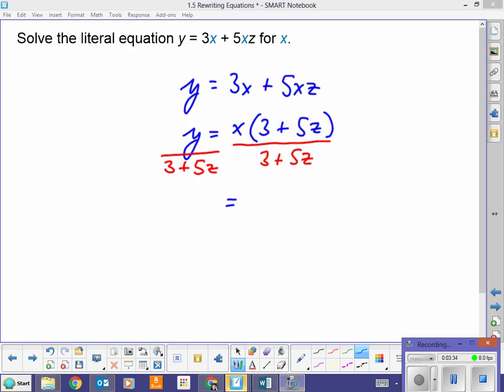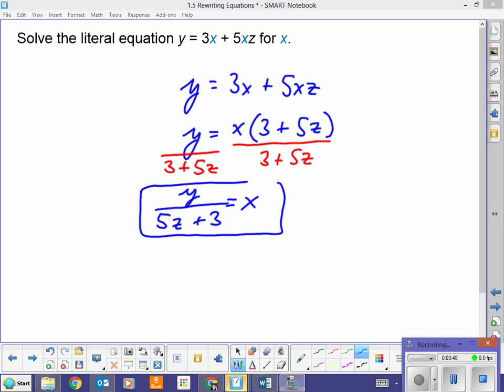And that leaves me x on the right, and on the left I've got y over, and I'm going to reverse this here, 5z plus 3, because I want to put that constant last and the variable first. That's our standard way we do it in algebra. Okay, that's that one. That one's a little more difficult because of this factoring thing here.